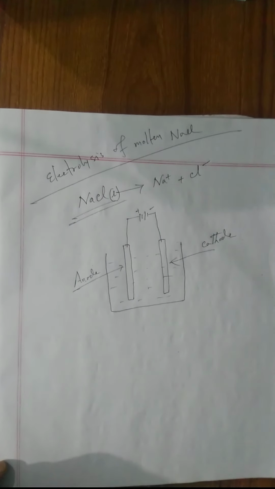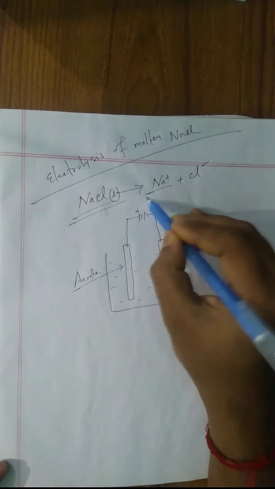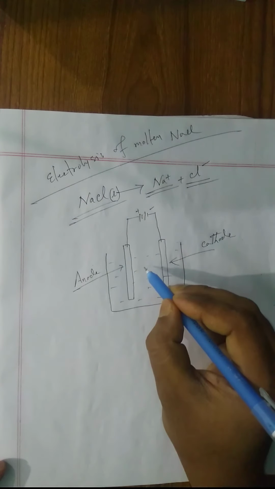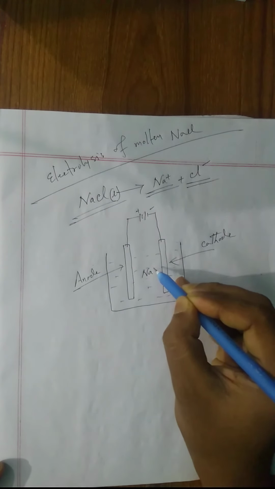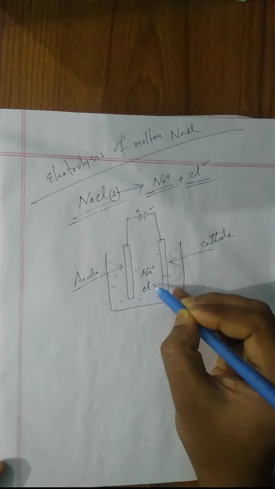So molten sodium chloride remains as sodium ion and chloride ion.